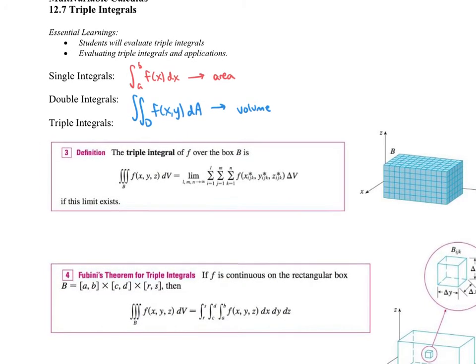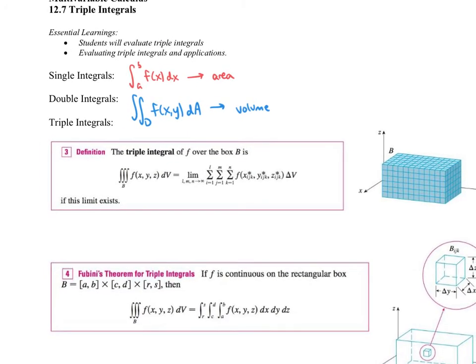For example, this first definition talks about the box B that we integrate over. Again, with a double integral, we integrate over a region on one of the planes. With a triple integral, we integrate over a three-dimensional object because we're utilizing x, y, and z in our integration. So we're integrating over a box or a three-dimensional object. You could call it anything you want.